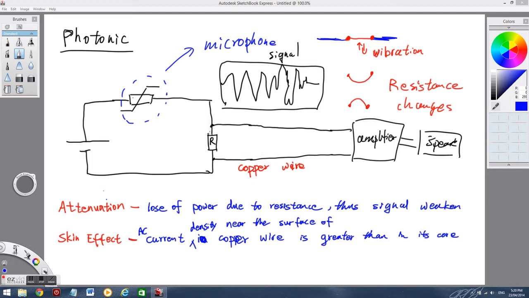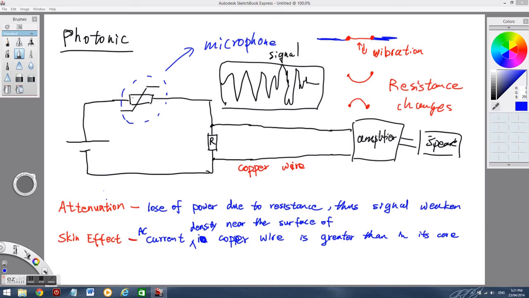So when an electrical signal travels through it, the further it travels, the more it loses. It will lose its signal. The signal becomes faded because the copper wire has resistance, and over a long distance, the signal becomes very faint and hard to recognize.